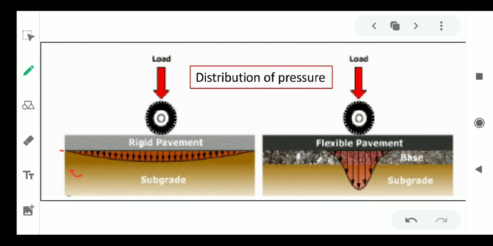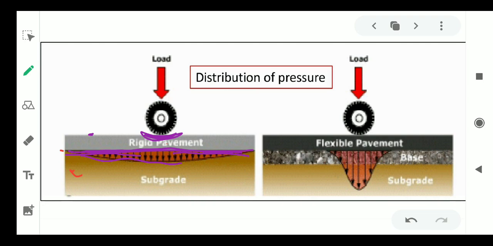Suppose the load acts at this place, but the stresses or pressure due to this load is distributed over a large area or the whole pavement. No doubt the maximum stresses will be developed just under the load, but the pressure is distributed overall on the whole pavement.